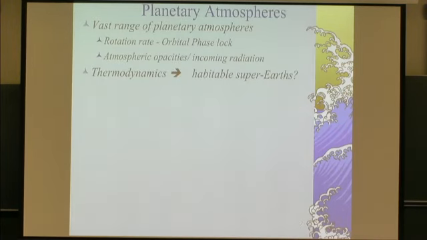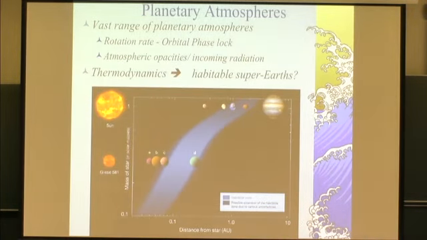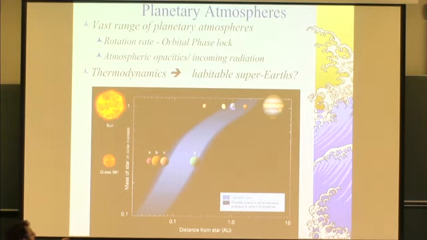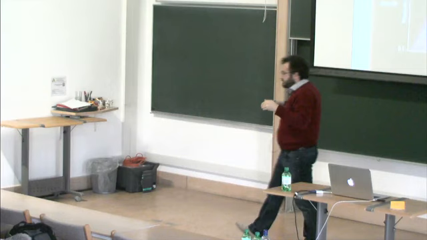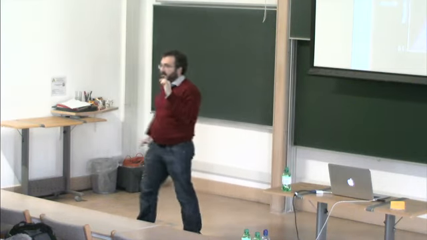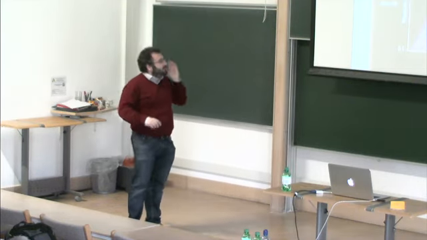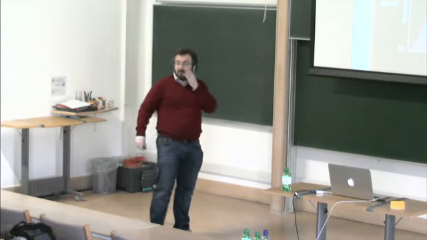These transitions are relevant because when you're trying to explore planets, you want to determine the necessary condition for the existence of water in the liquid form as a potentially necessary condition for life.